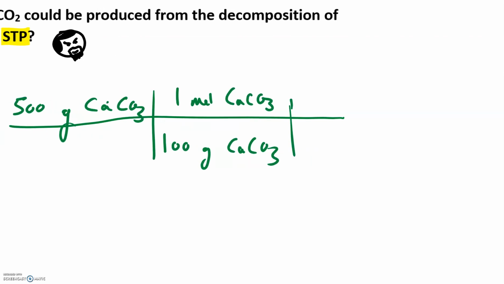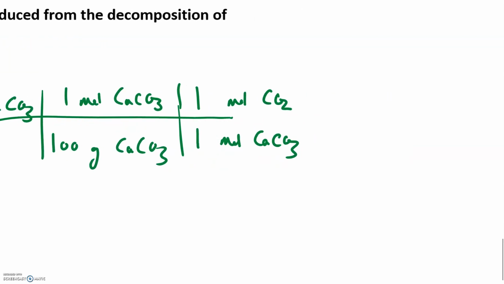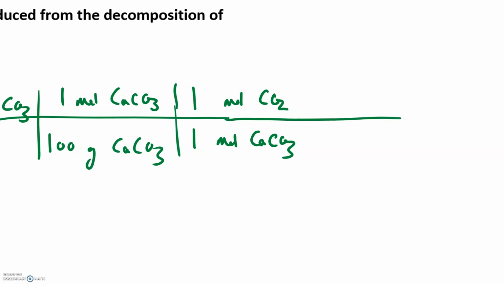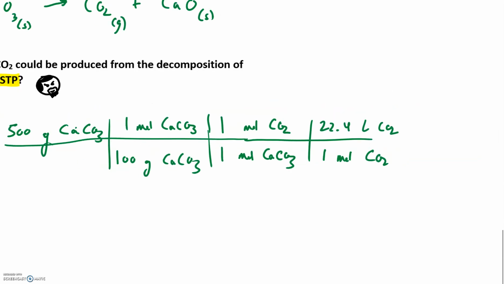We know the ratio of moles of CaCO3 to moles of CO2 is 1-to-1 from our balanced equation. And finally, because we are at STP, we can say 1 mole of CO2 would be equivalent to 22.4 liters of CO2.